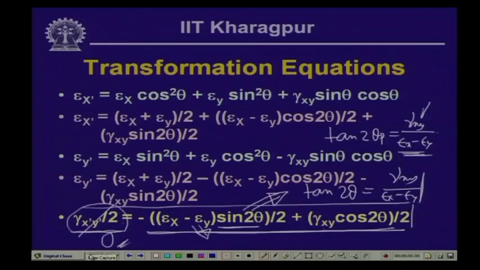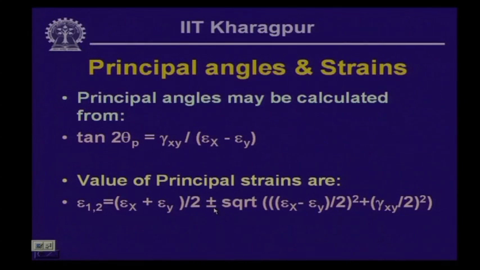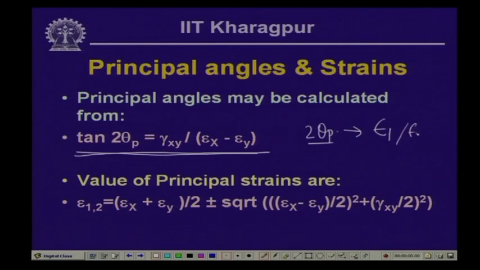So, we have seen that tan 2 theta p is equal to gamma x y by (epsilon x minus epsilon y), and corresponding to the angle 2 theta p, we get the value of epsilon 1, which we call epsilon max.